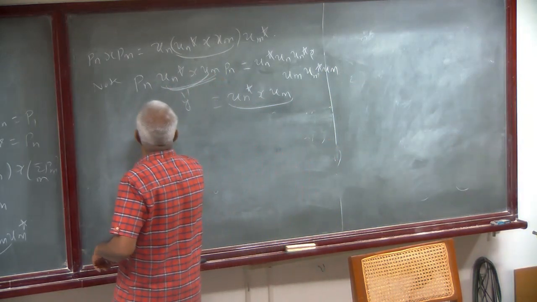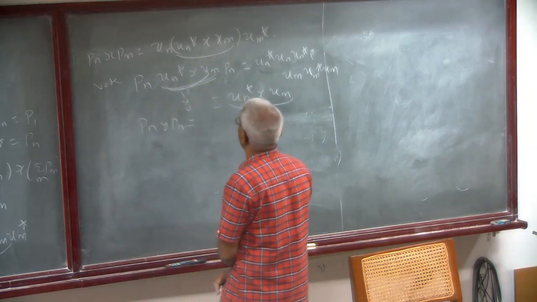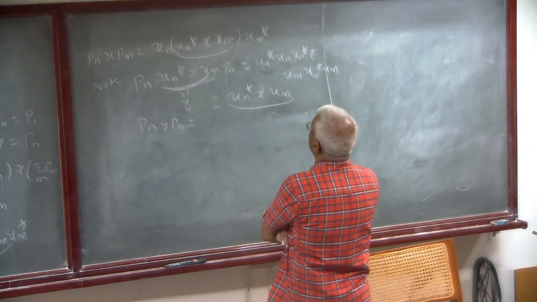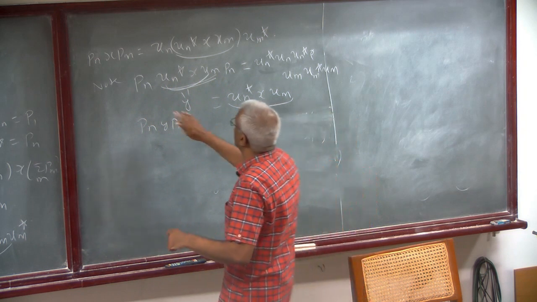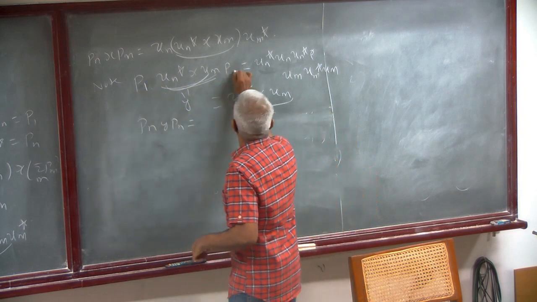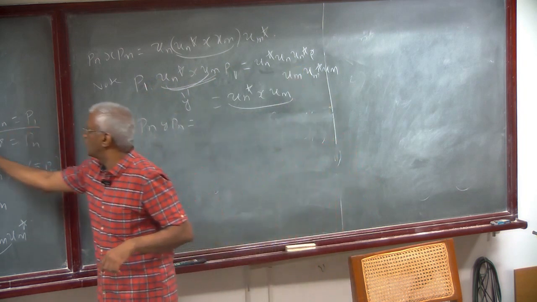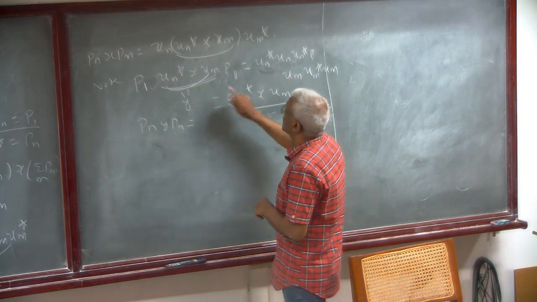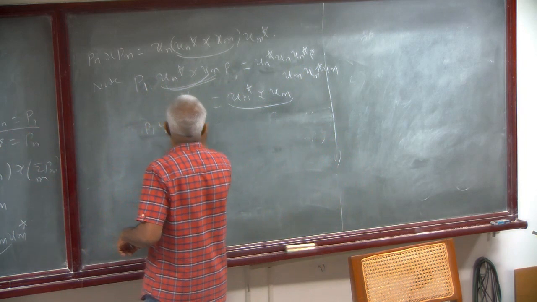Pn y Pn. Not Pn, P1, sorry. Un star Un is P1, right? So P1 y P1 equals y.